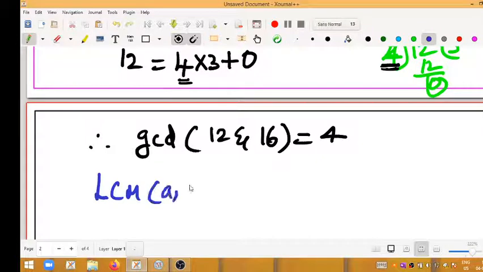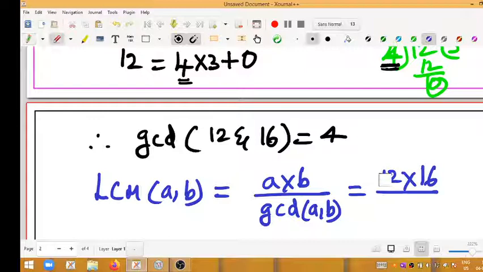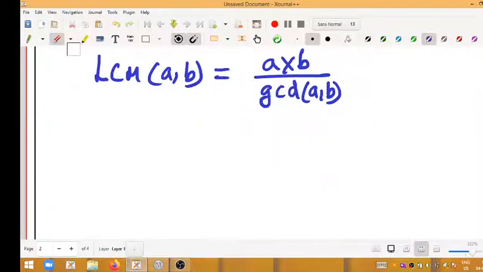LCM of A comma B is equal to A into B divided by GCD of A comma B. So this is equal to A value 12 into B value 16 divided by GCD.